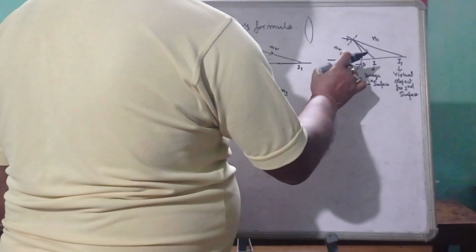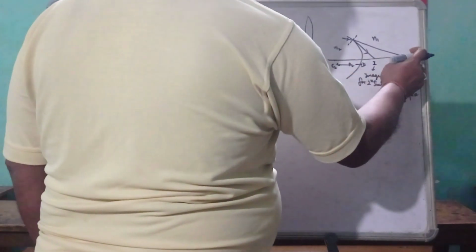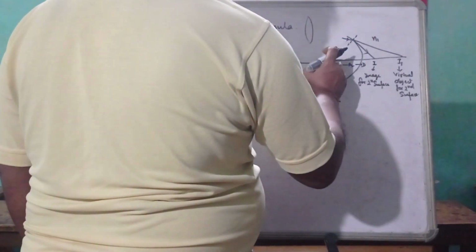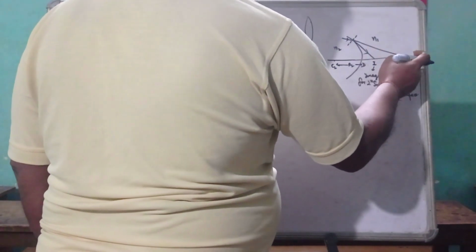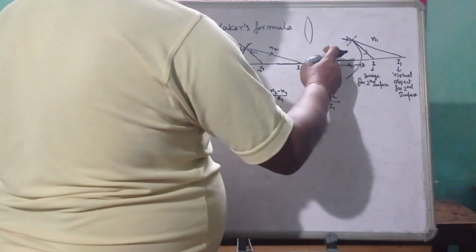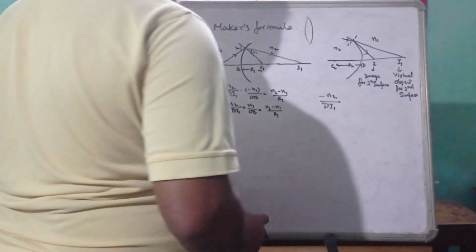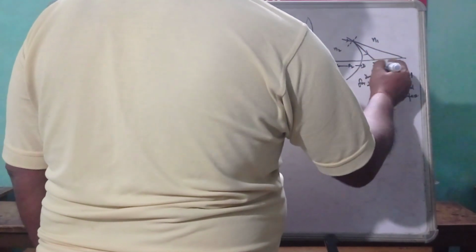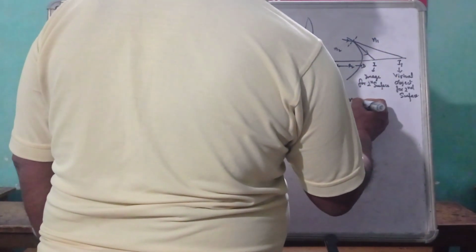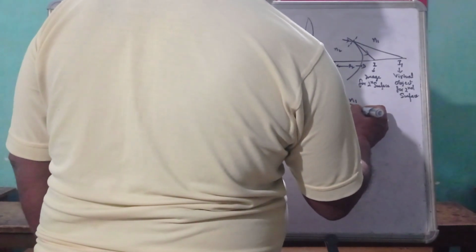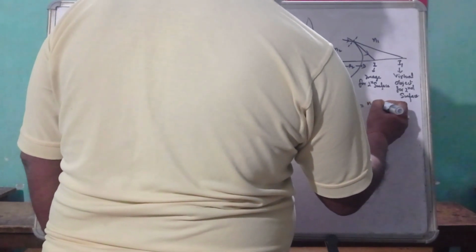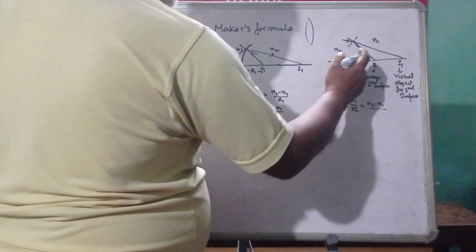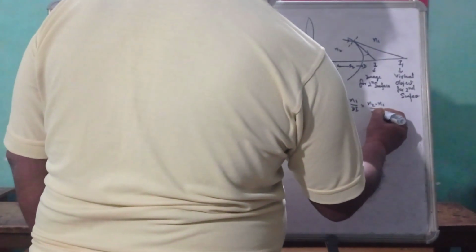It must actually be here, but we have taken it on this side, so it is taken as minus. Now this is V, the image, that is plus, this is the image side, di, and again N2 minus N1 by R2, which is on the negative side, so minus R2.